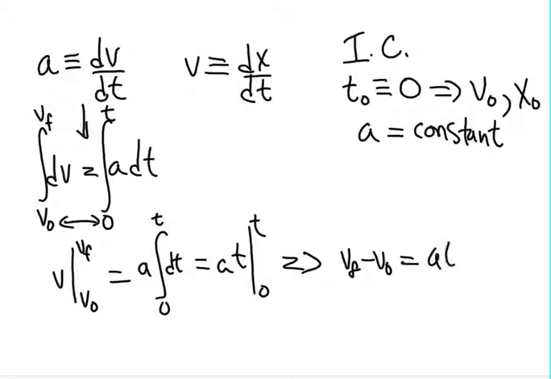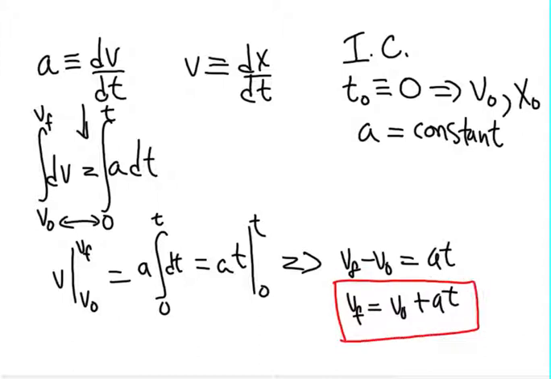So that's just a times t. Now we can just solve for the final velocity, and that's just equal to the initial velocity, bring it to the other side, plus acceleration times time. And this right here is one of our basic kinematic equations. So we have derived that one. The only difference is we often call the final velocity just v rather than v final.